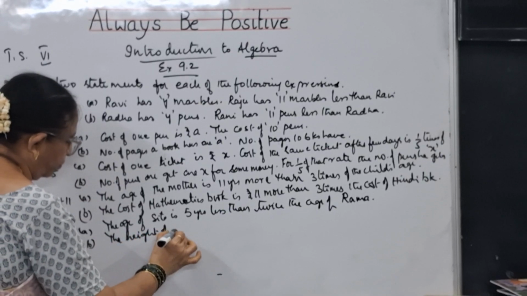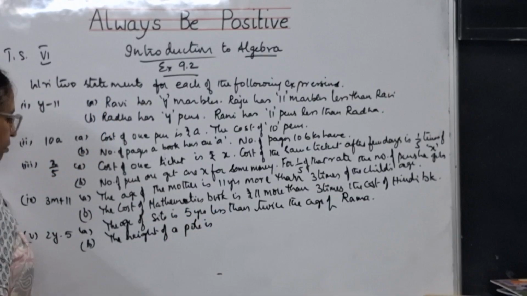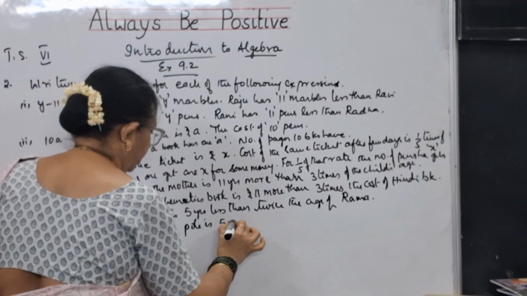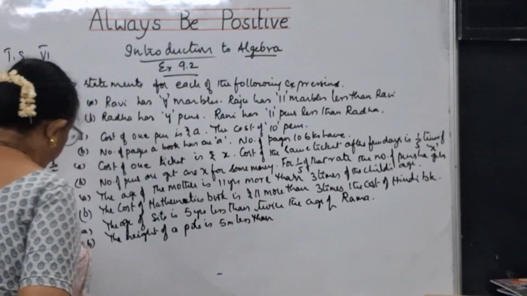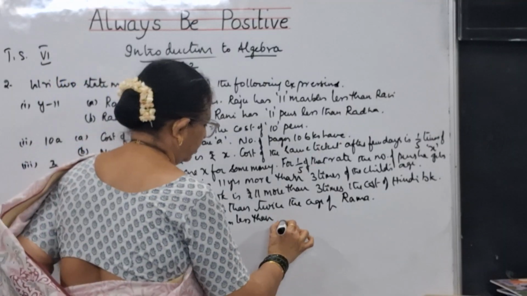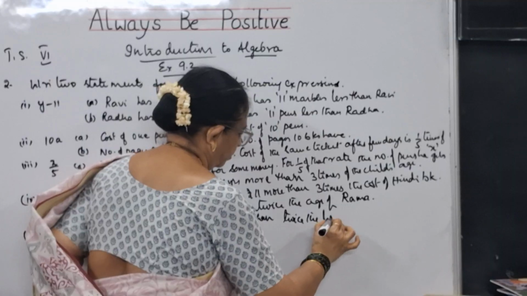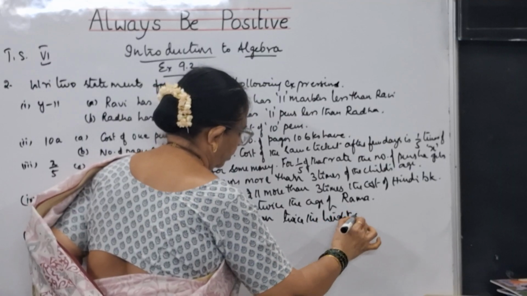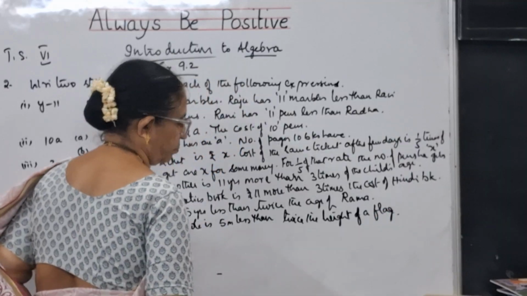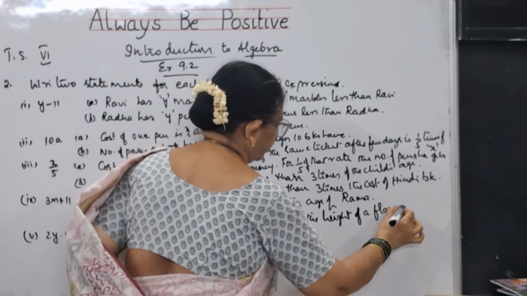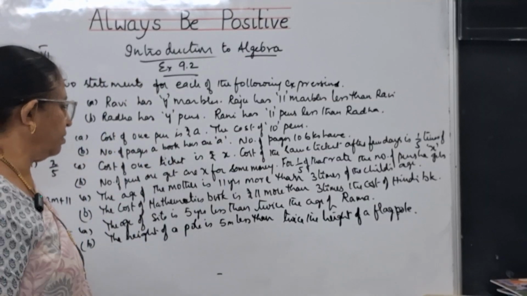The height of a pole is 5 meters less than twice the height of a flagpole. So that is a pole on which the flag is kept.